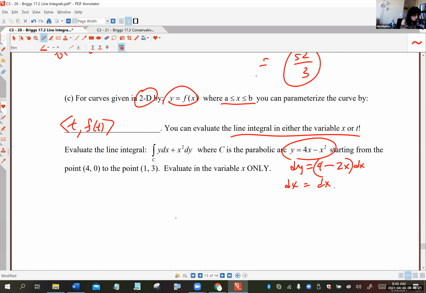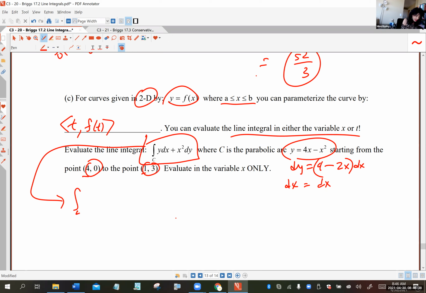Okay, so what? So this differential form line integral is going to become the integral going from, and they're giving you a starting and stopping point, x going from 4 to 1. And this is the part where some teachers won't let you do it.